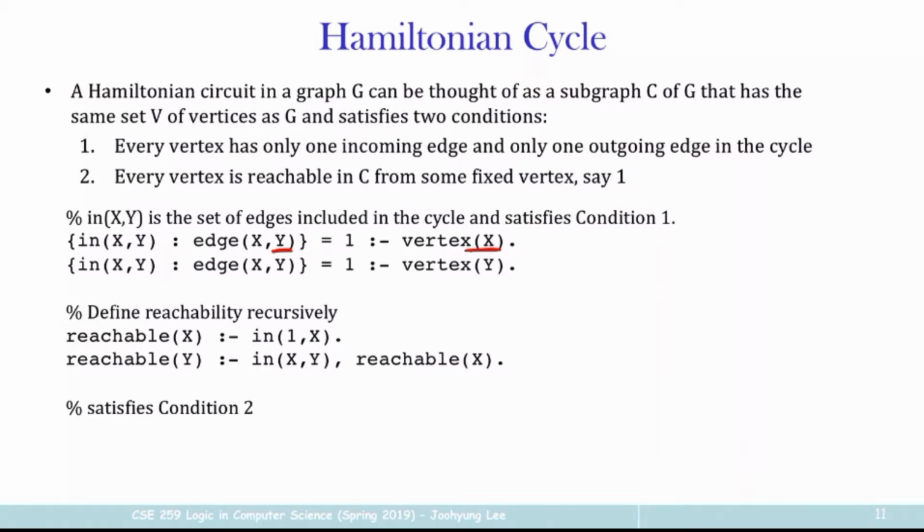Why? I said every vertex must be reachable, right? So let's come back to this. Condition 2 is every vertex is reachable, every vertex. If it is not reachable, then it violates the constraint.